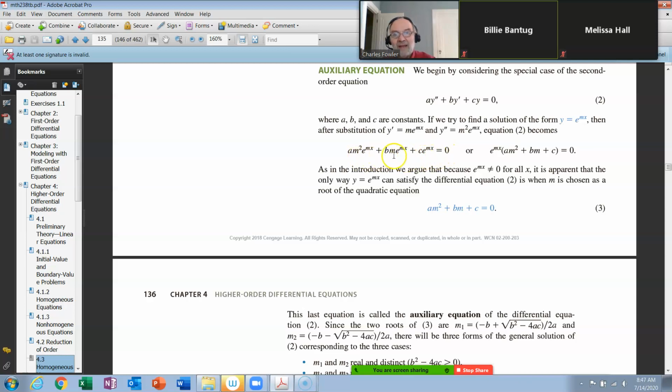Every term has an e to the mx in it. Factor it out. That leaves you am squared plus bm plus c, times e to the mx, is equal to 0. And again, just like we said before, e to the mx, the exponential function, is never, ever equal to 0.